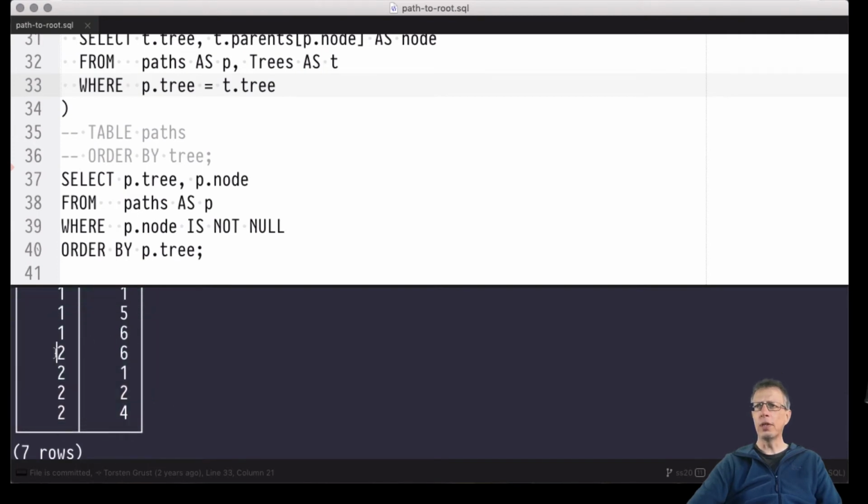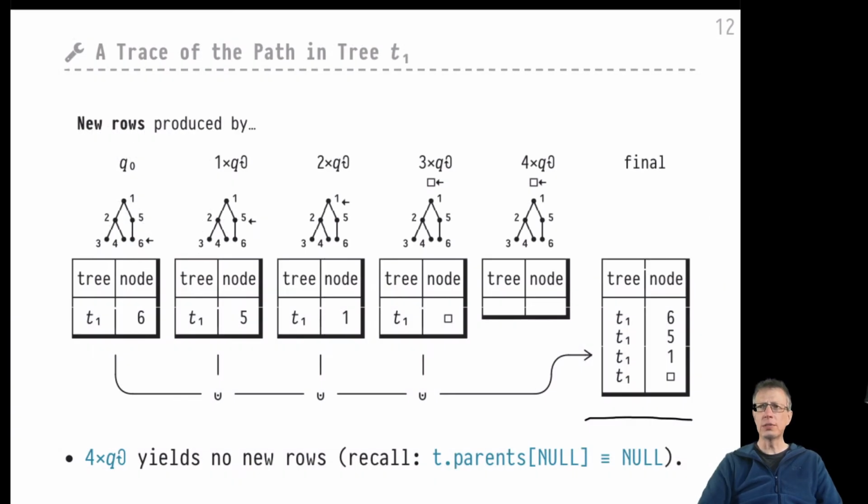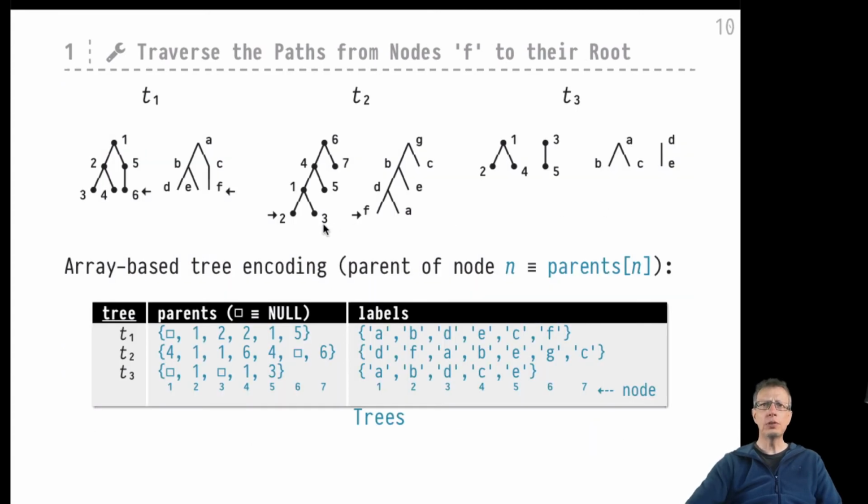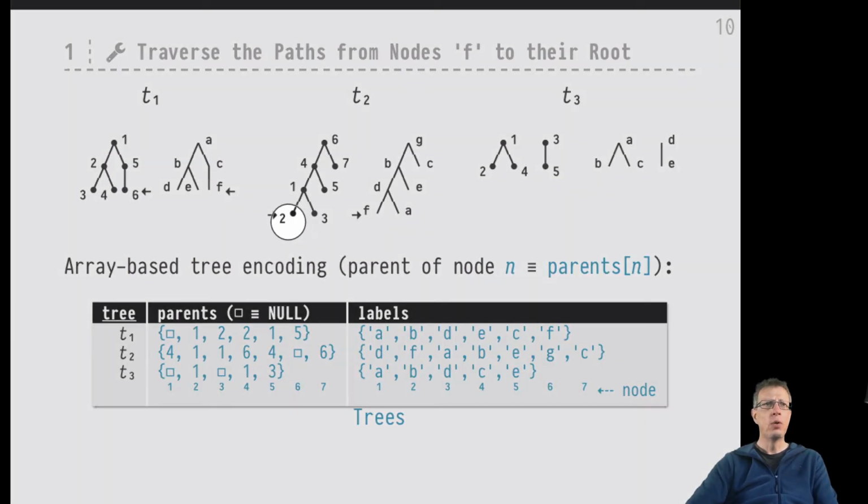Now, if you look at these entries here, 6, 1, 2, 4, of course, they are not ordered in any useful way. Let's switch back to the slides once again and look at the sample trees, tree T2, for example, where the path actually should read 2, then 1, 4, 6. That would be the proper path from the node labeled F up to the root.